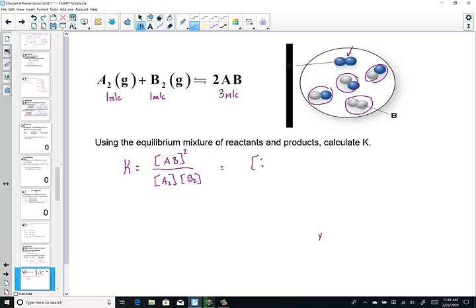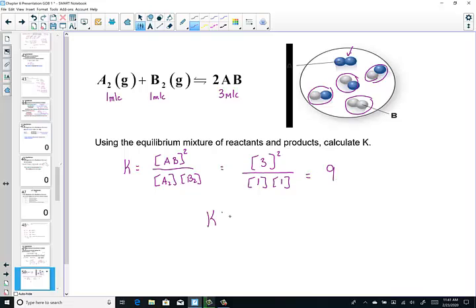We were given 3 molecules of the compound AB. That needs to be squared. We were given 1 molecule each of element A and element B. So 3 squared over 1 times 1 is 9.